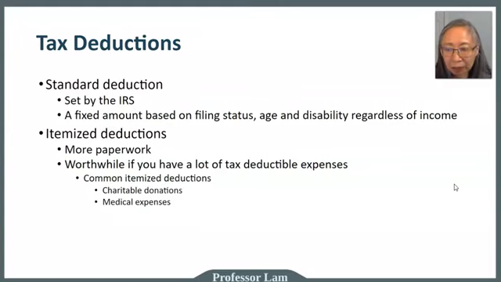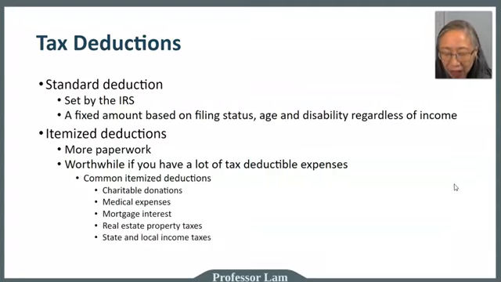deduction is sufficient. Other types of deduction include mortgage interest, property tax, and also state and local income tax. The tax law does change quite a bit. The most recent tax law reduced the deduction amount that is allowed under mortgage interest, property tax, and state and local income tax.